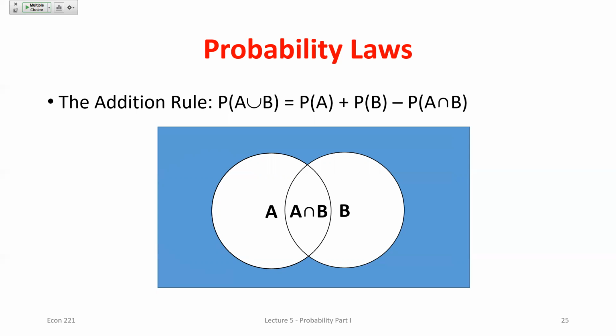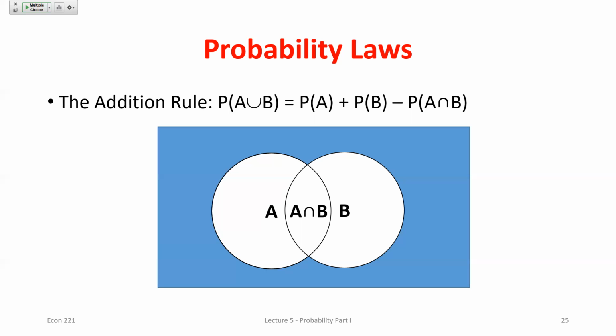So by adding up the probabilities and then subtracting out their intersection, I've ensured that I'm only counting every area in either circle once. That's the intuition behind why this equation works. If I want the union of two events, I take the probability that I'm in event A plus the probability I'm in event B, and then that would have double counted the intersection, so I subtract that out once, and now I have the probability that I'm in either one of them. I've only counted every outcome once.